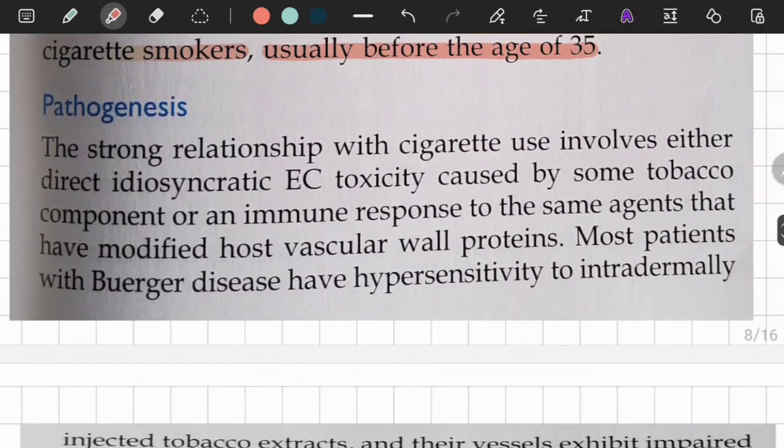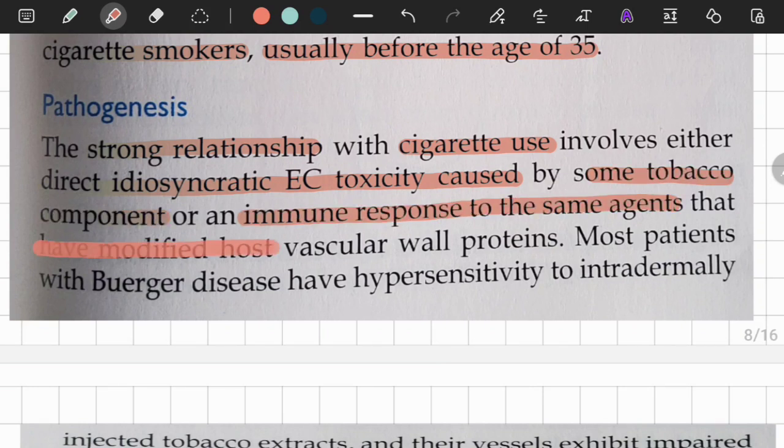Now let us talk about the pathogenesis. The strong relationship with cigarette use involves either direct idiosyncratic EC toxicity caused by some tobacco component, or an immune response to the same agents that have modified host vascular wall proteins.